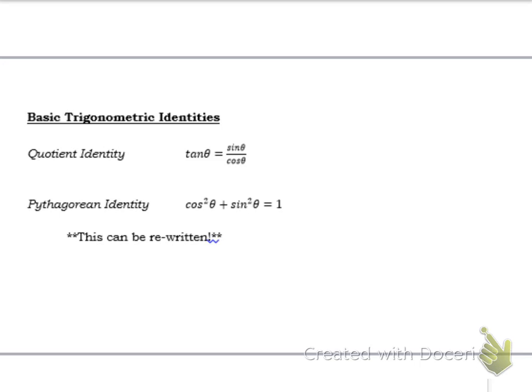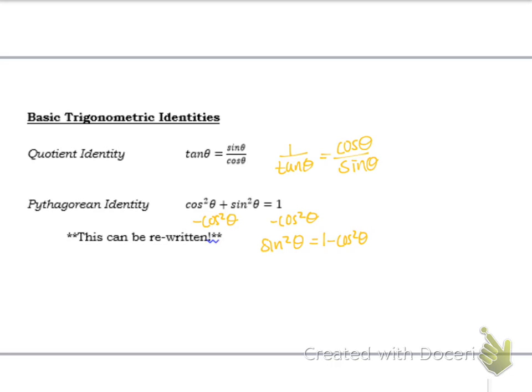Our Pythagorean theorem one, that will always work, is cosine squared theta plus sine squared theta equaling 1. We can also rewrite these a little differently. If I wanted tangent on the bottom, I would have to flip the right side, so it would be cosine of theta over sine of theta. That's another option. With the Pythagorean identity, I could subtract cosine squared theta from both sides, so I have sine squared theta equaling 1 minus cosine squared theta.